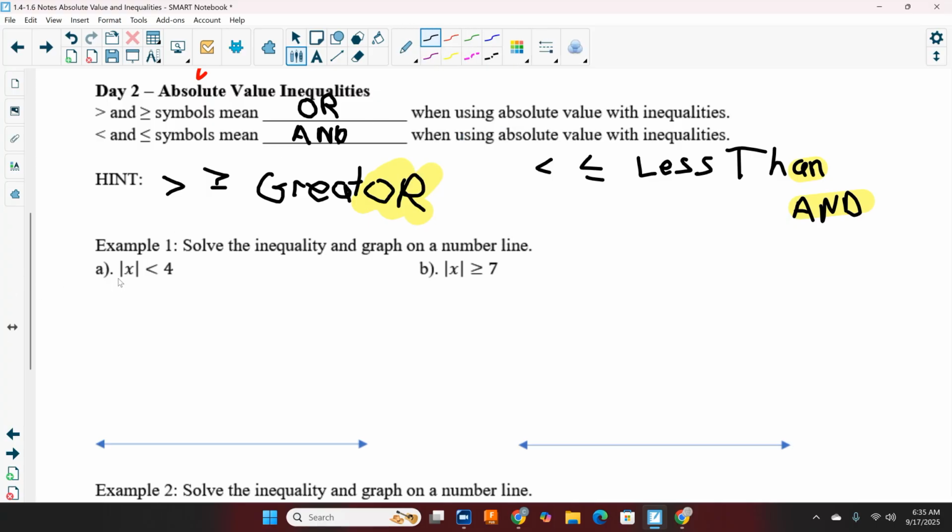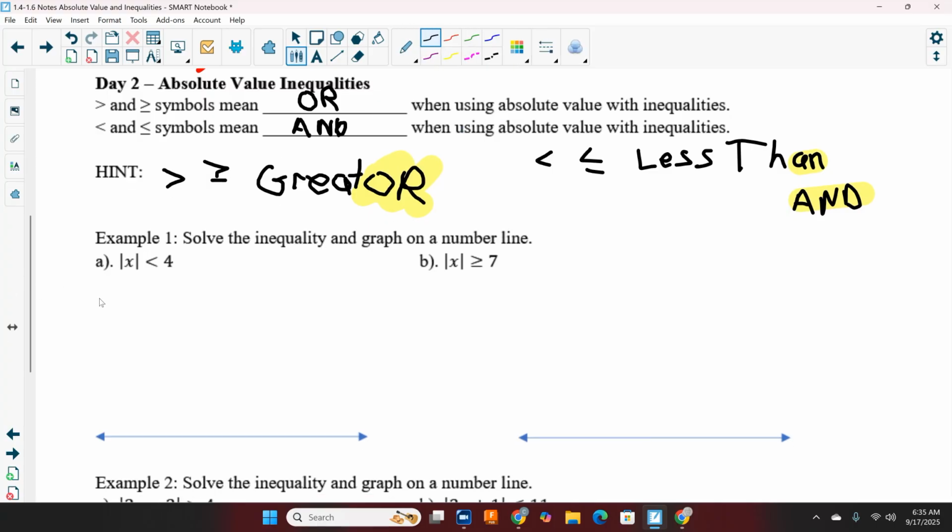So let's go back and look at this. In this case, the absolute value of x is less than 4. So that means x is less than 4, or x is greater. Oh, sorry. Less than. I did that wrong.